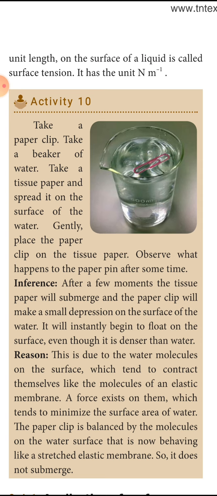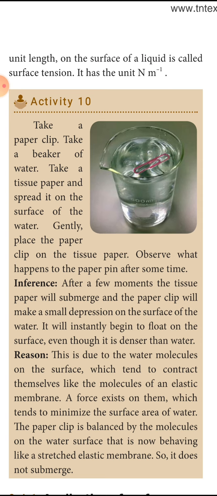The upper layer of the water behaves like an elastic membrane. A force exists on them which tends to minimize the surface of water. The paper clip is balanced by the molecules of the water on the surface, which is now behaving like a stretched membrane, so it does not submerge. So once again, what is surface tension?